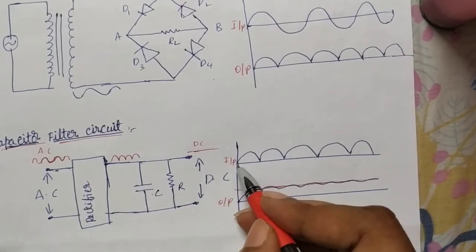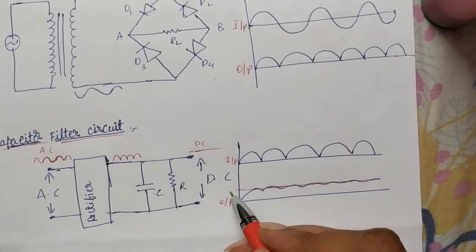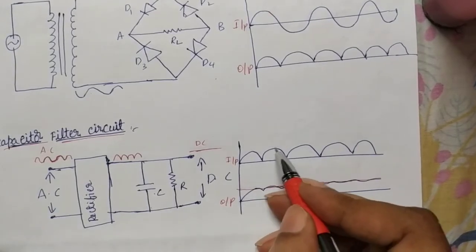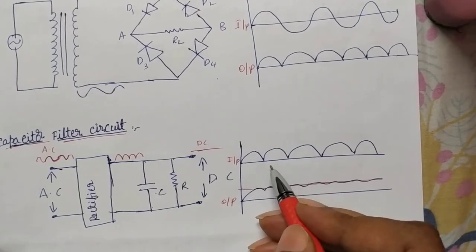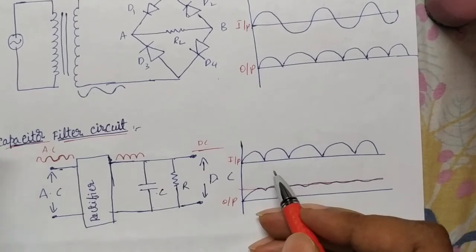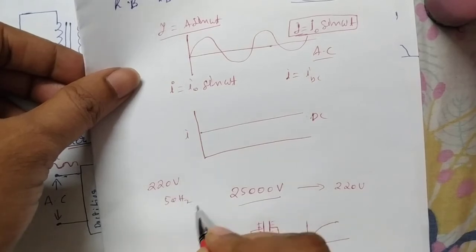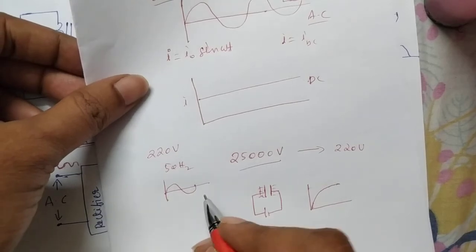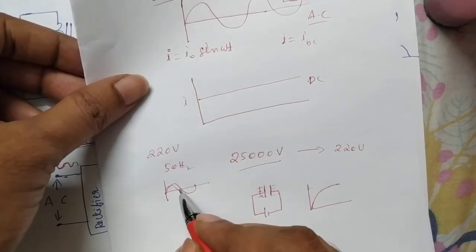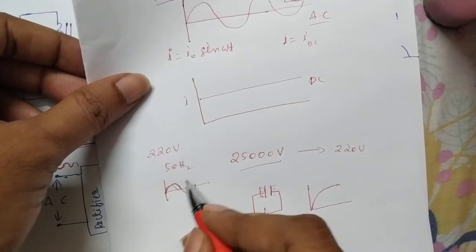This happens 100 times every second, because in households we get 220 volt, 50 hertz current. So how many waves change within 1 second? 50 waves. That means within 1 second we get 100 pulses.